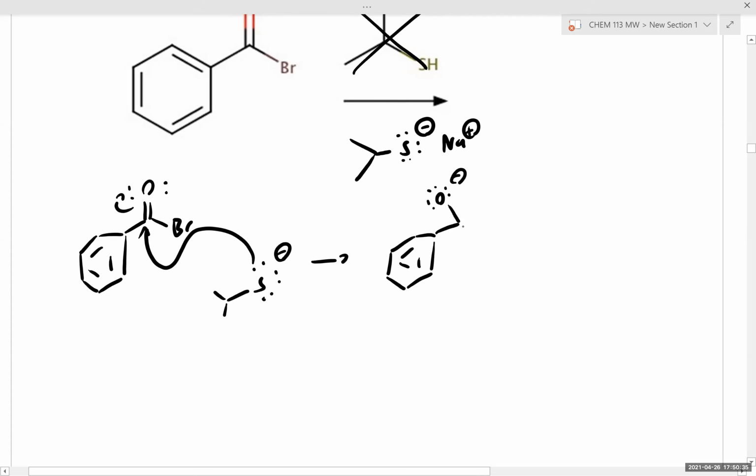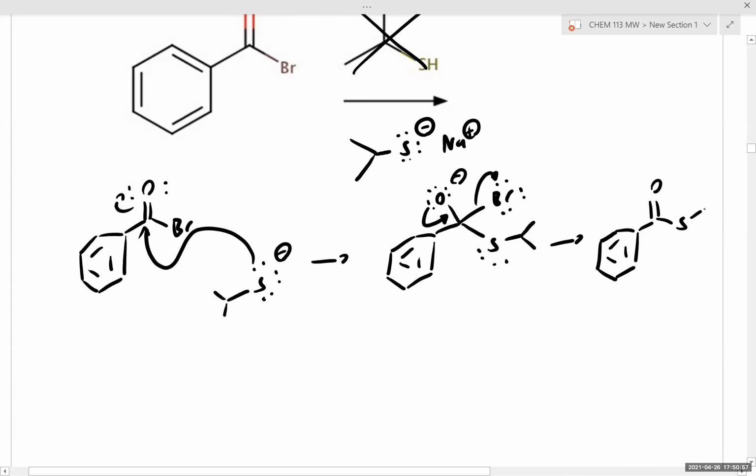And in this case, our best leaving group is going to be our halide. So when our tetrahedral intermediate collapses and we regenerate our carbonyl, we'll kick out bromide, which is a great leaving group. And thus we're left with our carbonyl substitution product.